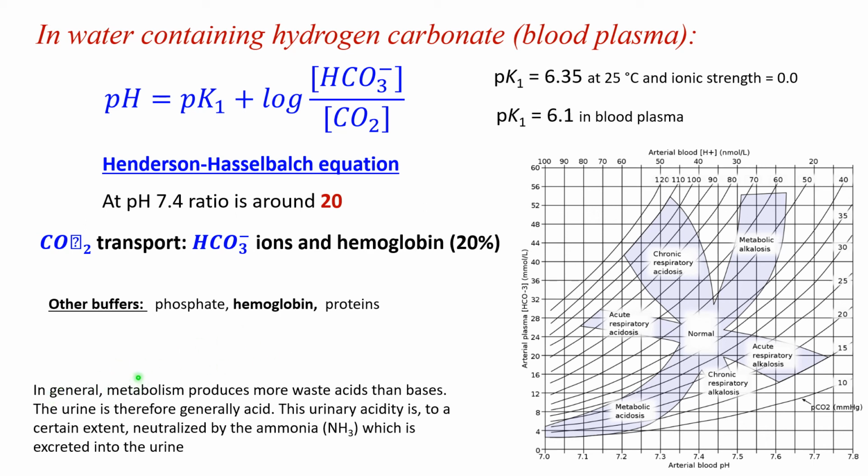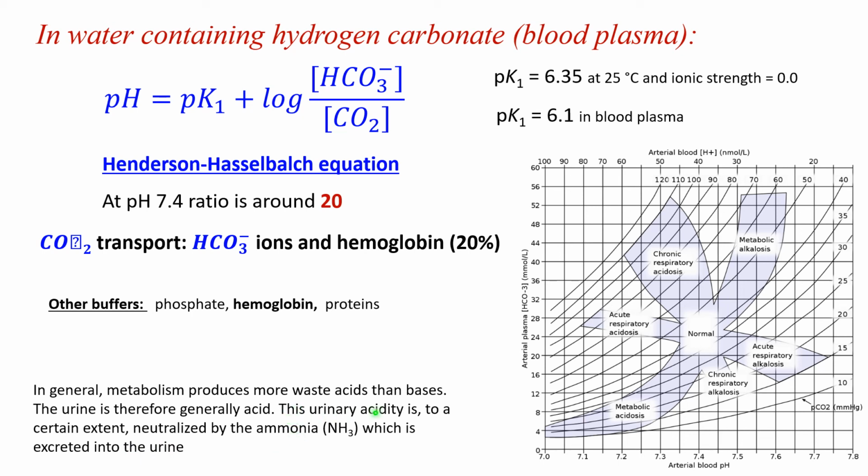In general, metabolism produces more waste acids than it produces waste bases. So in urine, we have more acidity than basicity. Urine is acidic, and it is in part neutralized by ammonia, which is a base and which is excreted into urine as well.